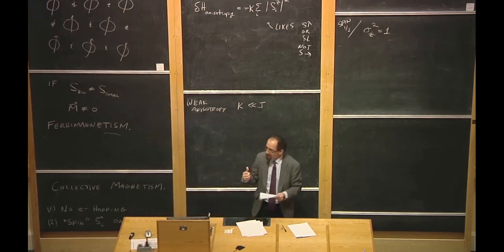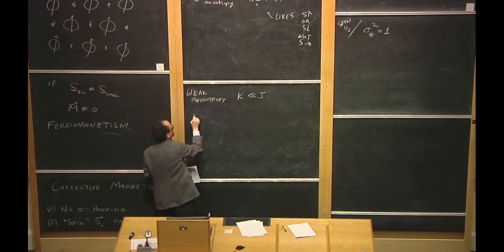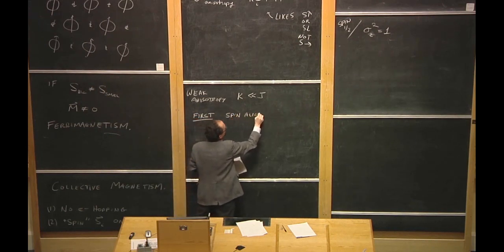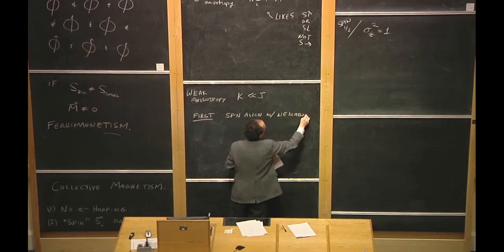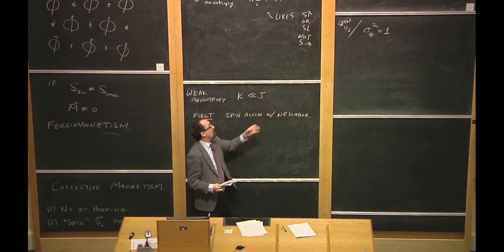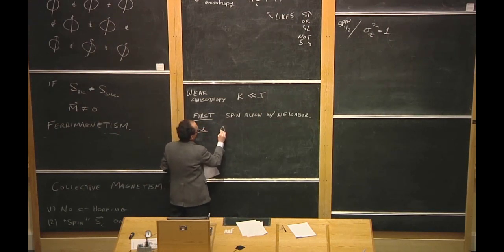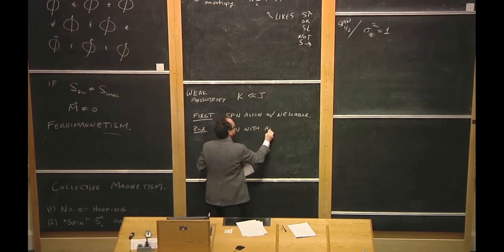Now, in this case, what one has to do is first, or most importantly, have spins aligned with neighbors. I say that first because it's most important to align with your neighbors, because J is the big energy scale in the system. Once you've aligned with your neighbors, second, you align with the anisotropy axis.